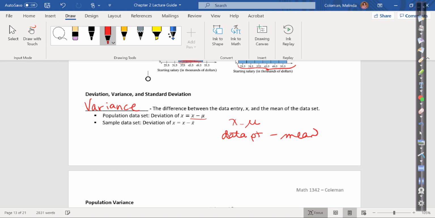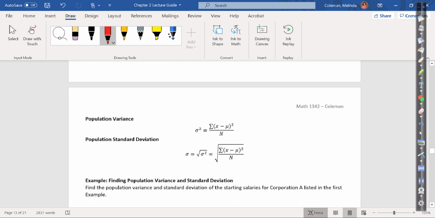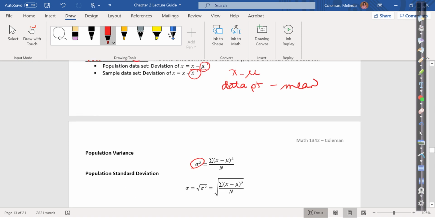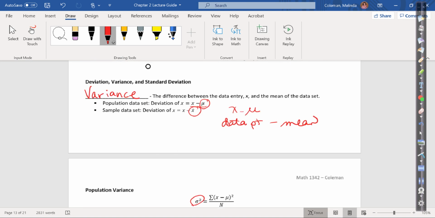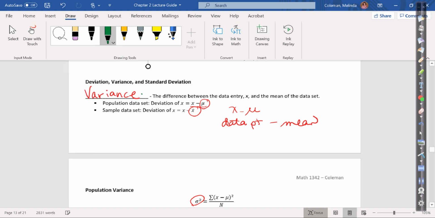For a sample, it's the same thing, but again, we're using mu for the mean versus x bar if it's a sample population. Actually, let me go back, sorry. This is not variance, this is deviation. The deviation is the difference between the data points and the mean.